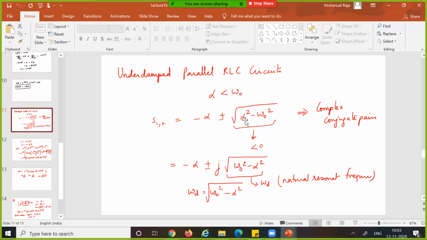This quantity becomes complex. So we write this as minus alpha plus or minus j root of omega naught squared minus alpha squared, and this term is called the natural resonant frequency here.